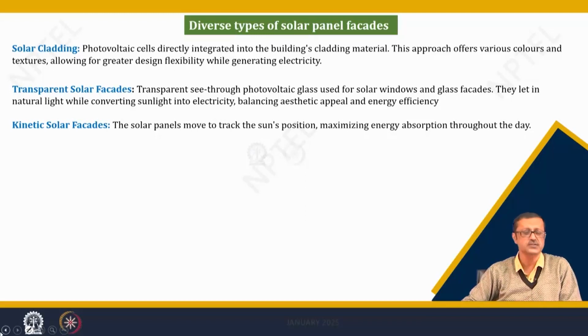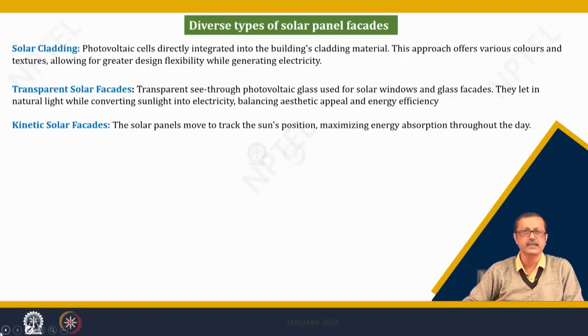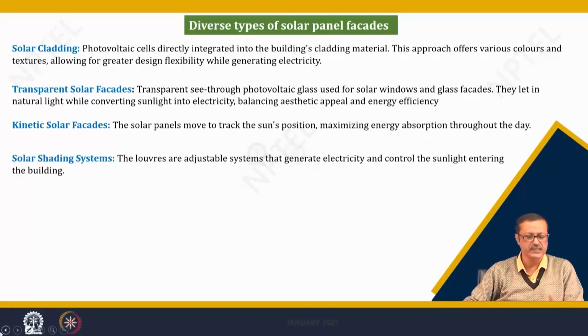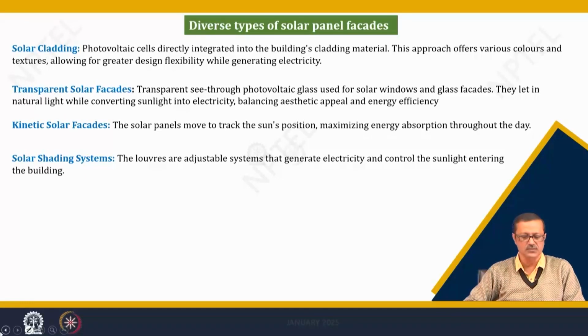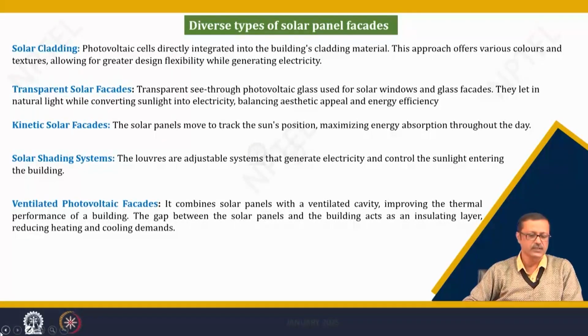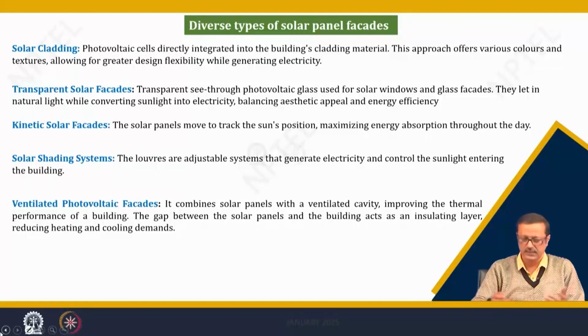You can have a kinetic solar facade which can change orientation to different angles at different times of the day. We can have adjustable solar shading systems towards the sun angles, which give shade inside and also harvest some electricity. We can have a ventilated photovoltaic with a gap in between, through which it can be ventilated.